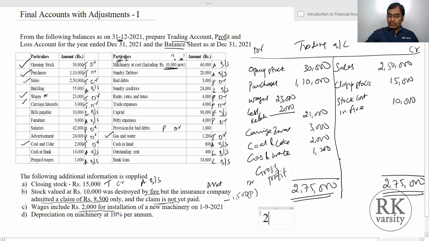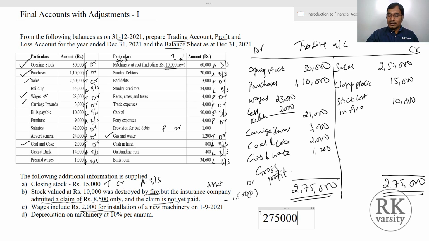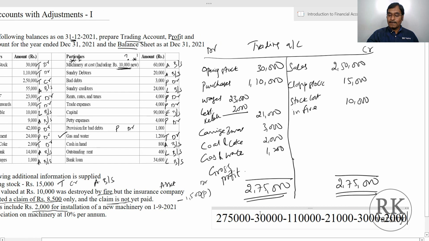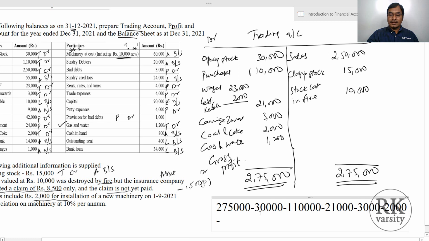So 2,75,000 minus 30,000 minus 1,10,000 minus 21,000 minus 3,000 minus 2,000 minus 1,200.